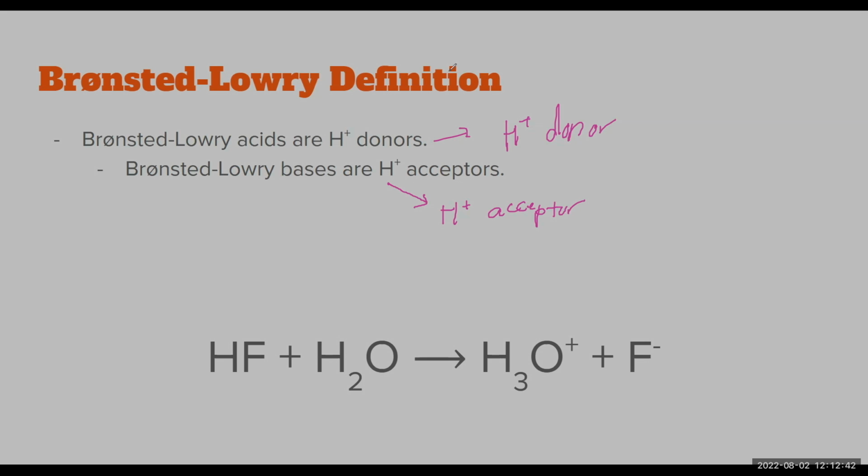So if we look at this bottom example here, you can probably tell from that previous slide that I mentioned that HF is going to be a hydrofluoric acid. So naturally, you'll probably assume that the hydrofluoric acid is going to be our Bronsted-Lowry acid, which is true in this case. And so basically what's going to happen is if we compare the reactants, or the starting material, to the products, what we can see here is that this fluorine is going to be alone in the product.